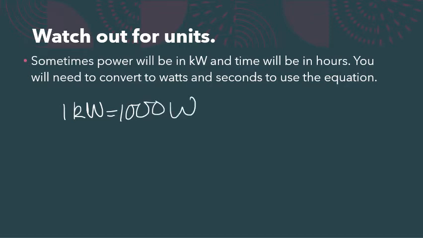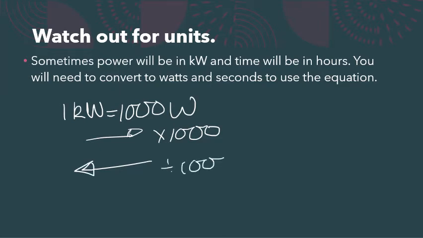If you have kilowatts and you want to convert it into watts, you times by 1,000. If you've got watts and you want to turn it into kilowatts, you would do the opposite and divide by 1,000. We will not likely be using that; we are more likely to be using the multiplying by 1,000 technique.